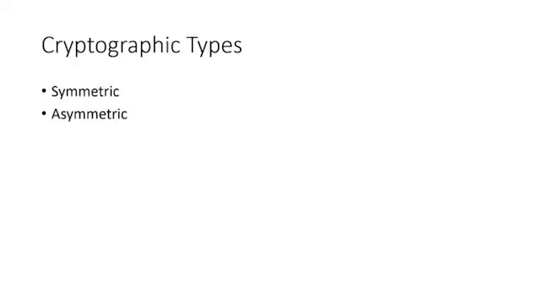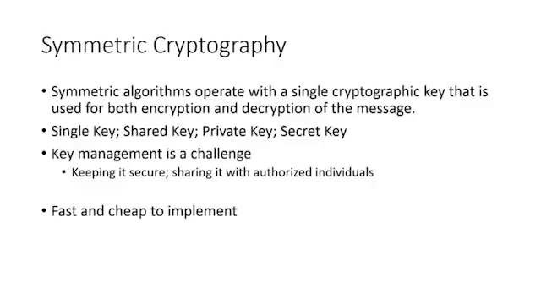Now, the cryptographic types that we need to be aware of, symmetric and asymmetric are a couple we need to talk about real quick here. Now, symmetric cryptography, if you think of symmetric, it kind of sounds like same, right? Symmetric, same. These operate with a single cryptographic key.